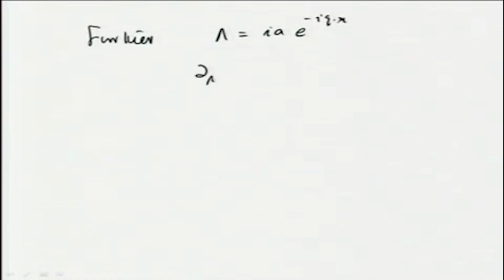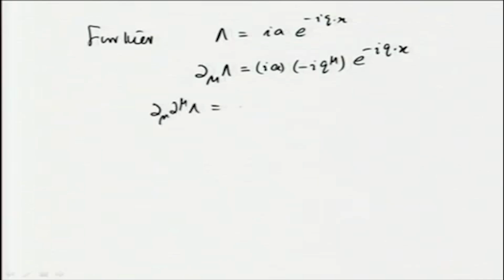What is dou mu lambda? Dou mu lambda is equal to I A times minus I q mu e power minus I q dot x, and dou mu dou mu lambda is equal to I A times minus q square e power minus I q dot x.